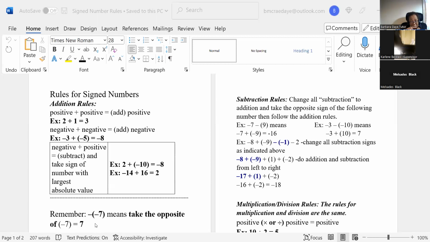So if we have the negative outside the parentheses and a negative inside, it means that it's a plus. That's right. That's one I think sometimes causes some confusion. The negative of a negative gives the positive. That's the opposite of the negative, positive 7.